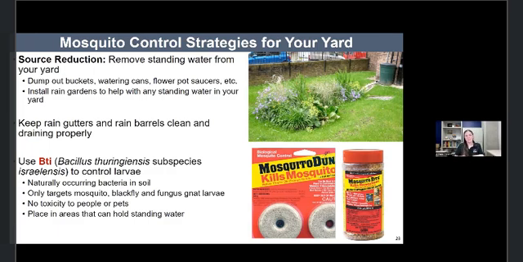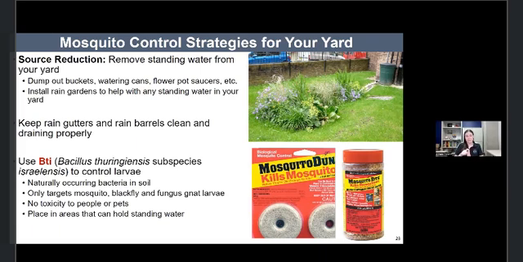And this is the best way to control mosquito larvae. BTI is a naturally occurring bacteria that we find in soil. And scientists have used it and figured out that certain subspecies are very good at attacking only certain types of insects. So we have a naturally occurring bacteria, so it's not a chemical.